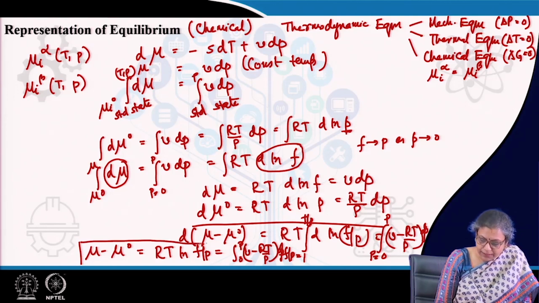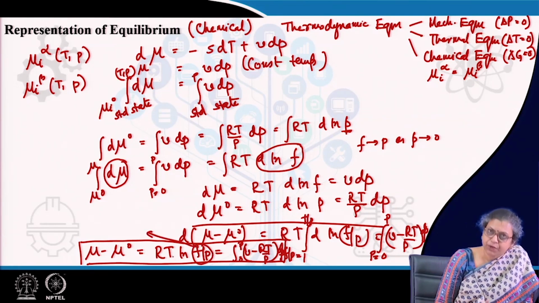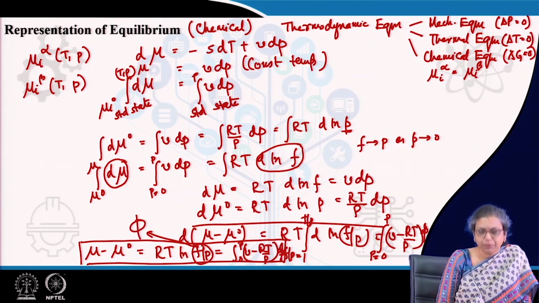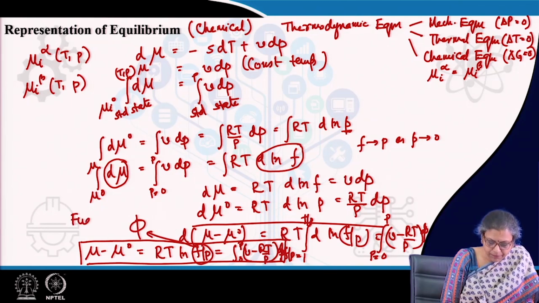So, this now becomes the defining equation for mu, or the defining equation for the fugacity. This ratio F by P, since it is very frequently encountered, is given a particular notation phi, and it is known as the fugacity coefficient.